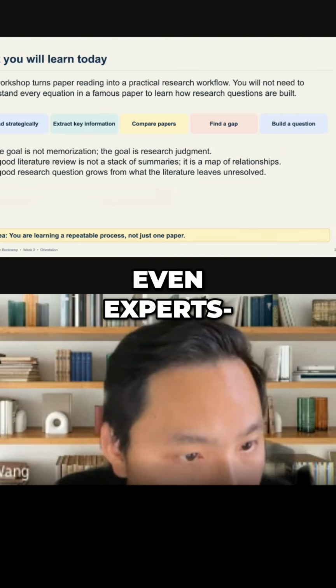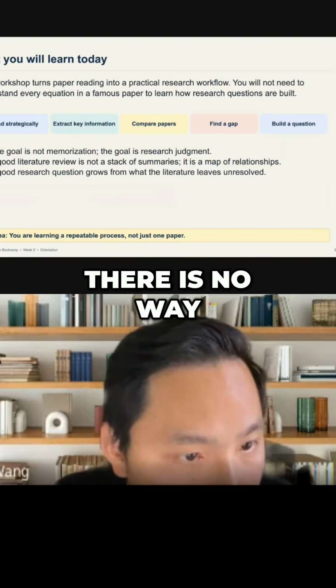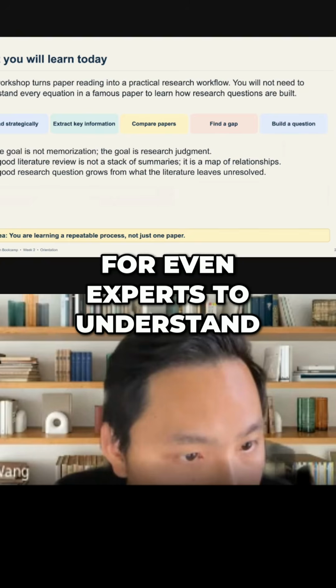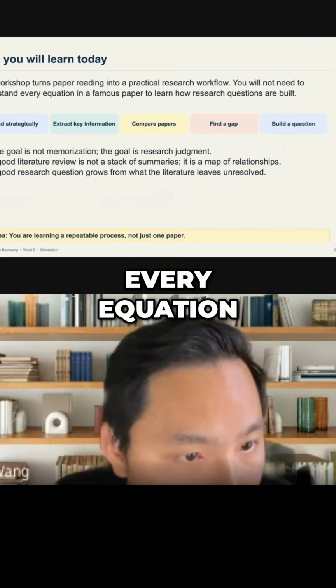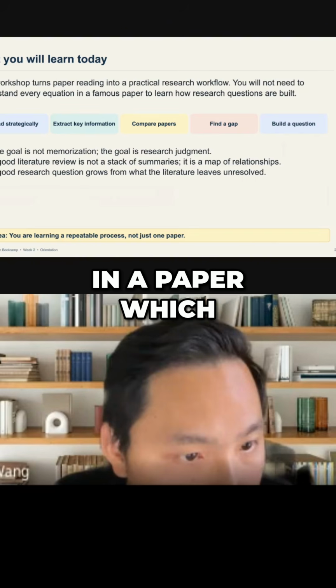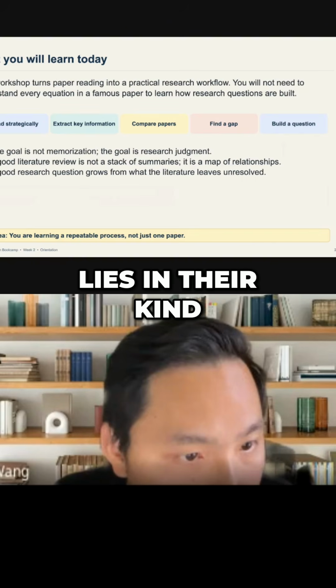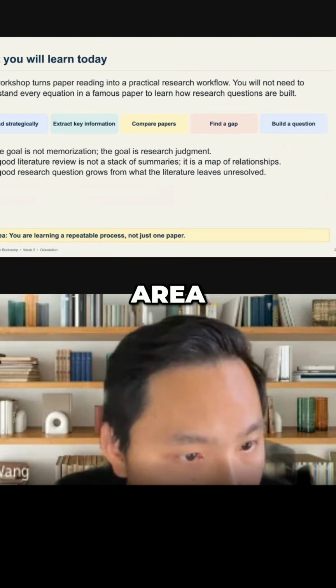Even experts cannot understand every equation in a paper, even when it lies in their expertise or research area.